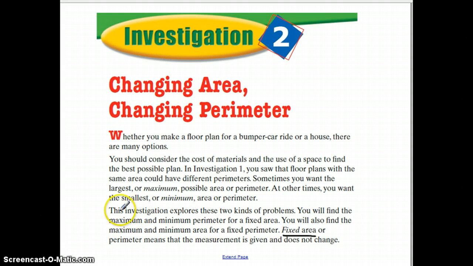This investigation explores these two kinds of problems. You will find the maximum and minimum perimeter for a fixed area. You will also find maximum and minimum area for a fixed perimeter. Fixed area or perimeter means that the measurement is given and does not change. So we're going to be covering the fixed area, which means that it will not change.